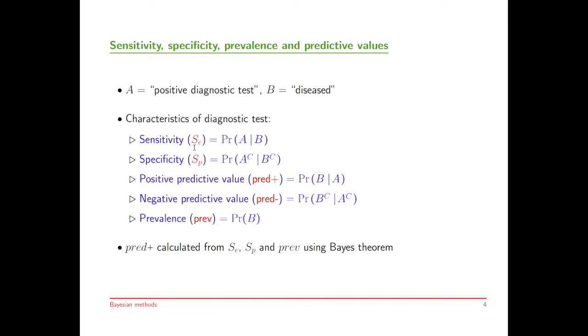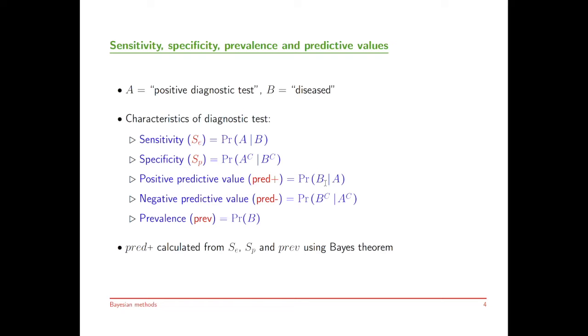The sensitivity is the conditional probability that an individual has a positive diagnostic test given that that individual is diseased. On the other hand, the specificity is the probability that one shows a negative diagnostic test given that one is healthy. But the patient is interested in these inverse probabilities.